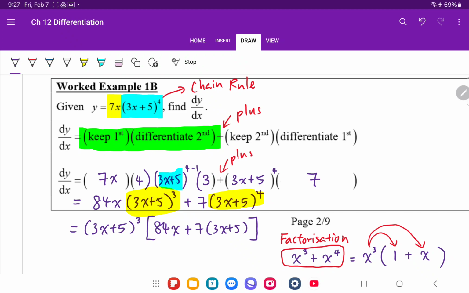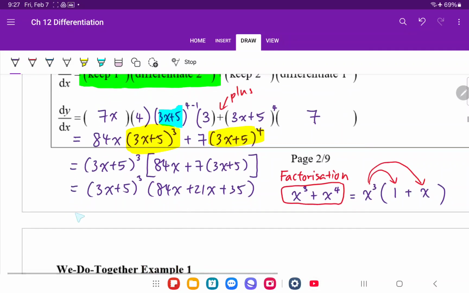Now the second bracket can be further simplified. So that becomes 84x + 21x + 35, and we finally simplify it as this. 84x + 21x gives 105x and then plus 35, and you can stop here.